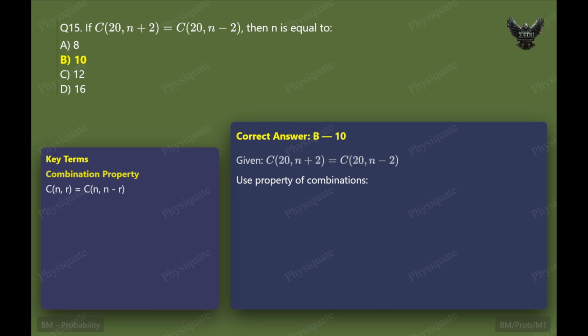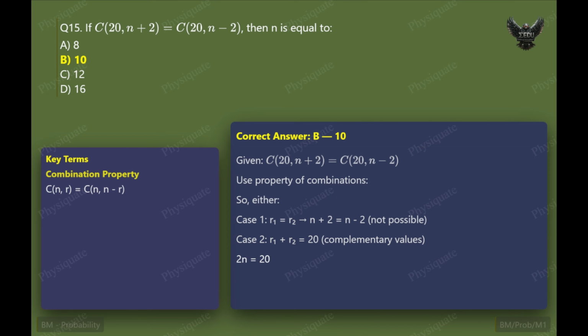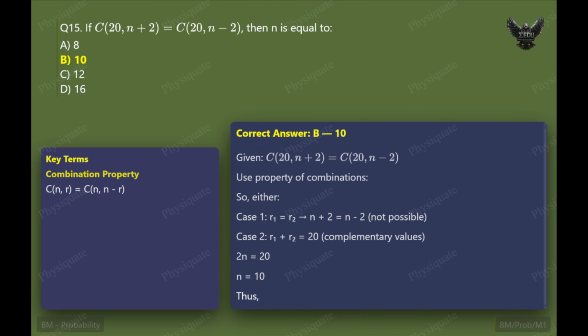C(n,r) equals C(n,s), so either r equals s or r plus s equals n. Case 1, r equals s: n plus 2 equals n minus 2, not possible. Case 2, r plus s equals 20, complementary values: 2n equals 20, n equals 10. Thus, the value of n equals 10.